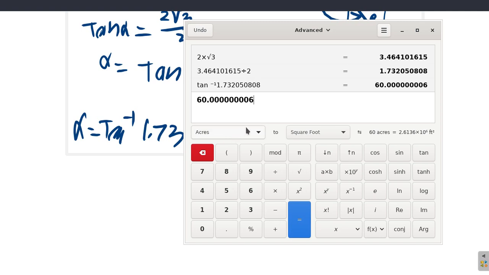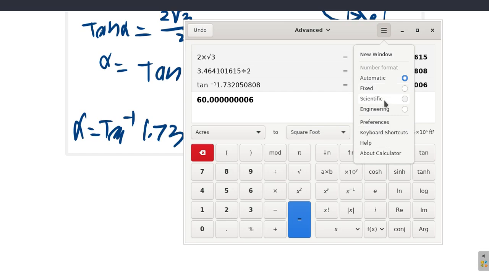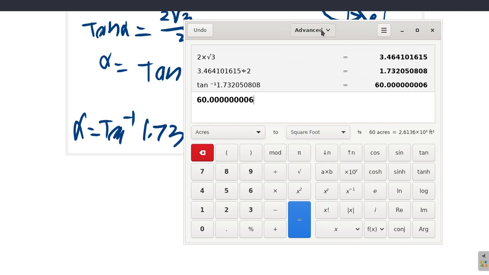Now, 60 degrees. What we want is radians. How do I put this calculator in radians? When it comes to this calculator, I'm not sure how to put it in radian mode from degree.